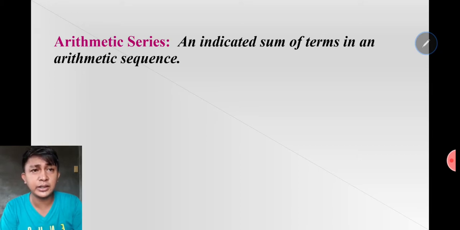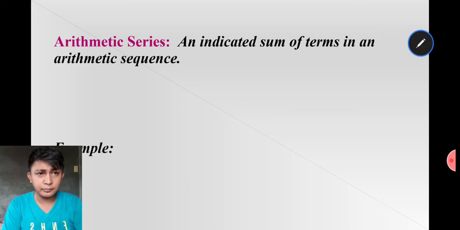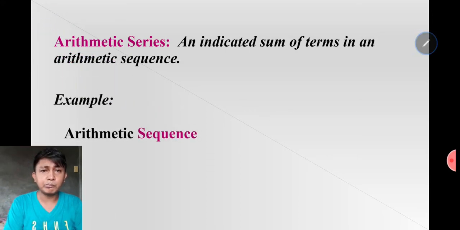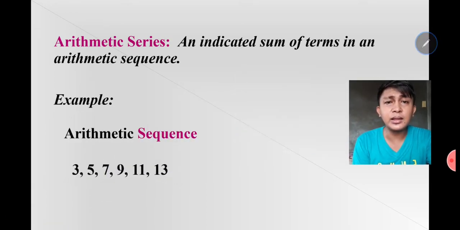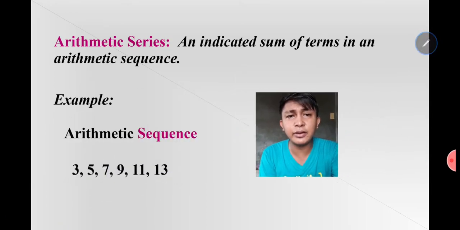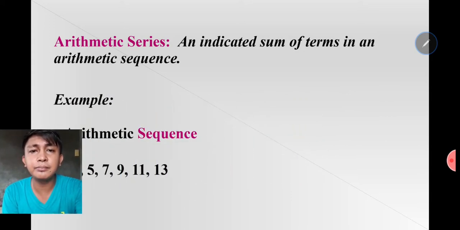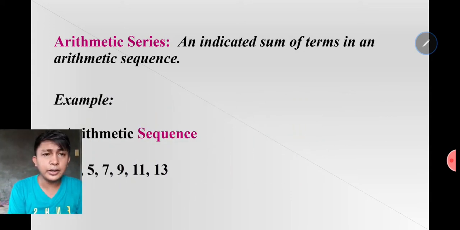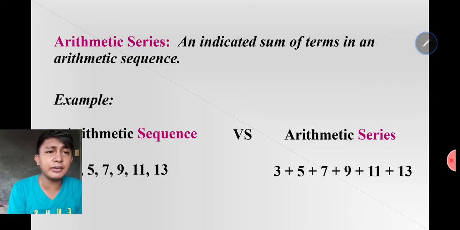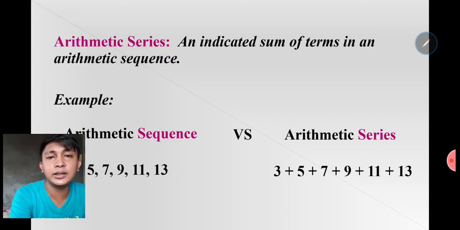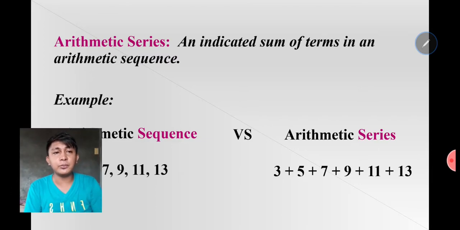What is this? For example, if we have the arithmetic sequence 3, 5, 7, 9, 11, and 13, we have the arithmetic series 3 plus 5 plus 7 plus 9 plus 11 plus 13. Simply, it is the sum of the arithmetic sequence, which we call the arithmetic series.